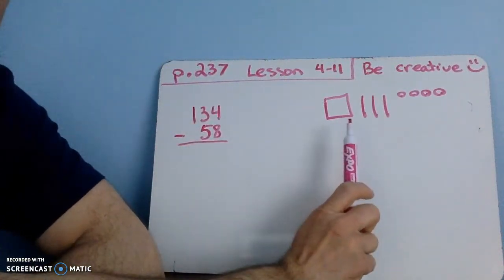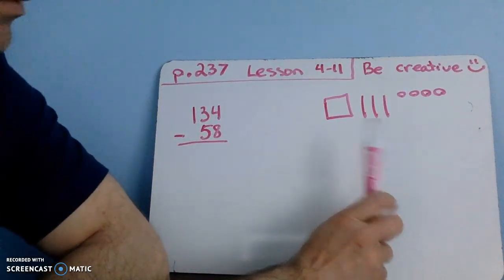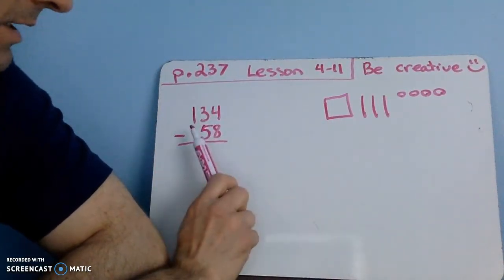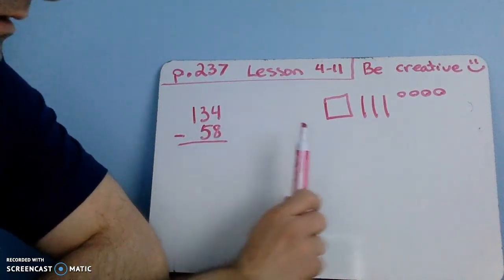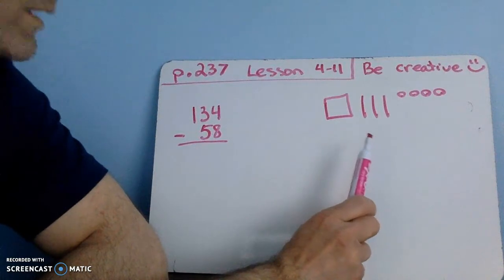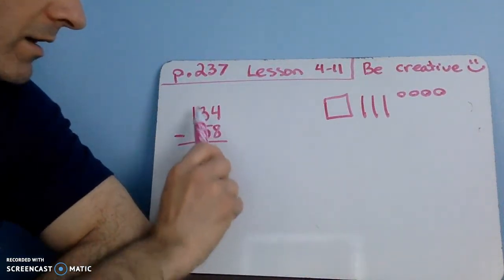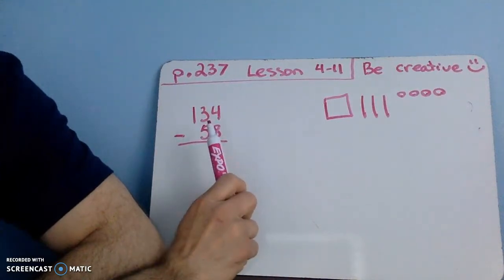And this is the proof drawing method. So when they start talking about numerical method, you just use one of your methods that you are comfortable with, this vertical way of subtracting or the proof drawing way of subtracting. All right, so how do you know when it's time to ungroup or to borrow, as we used to call it?